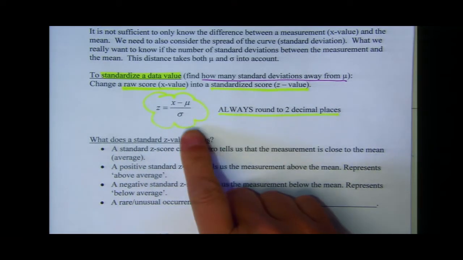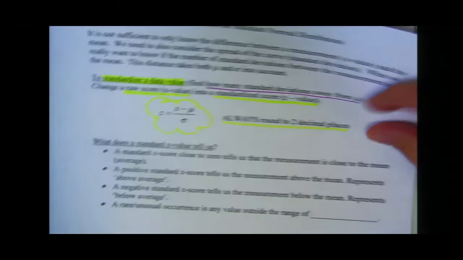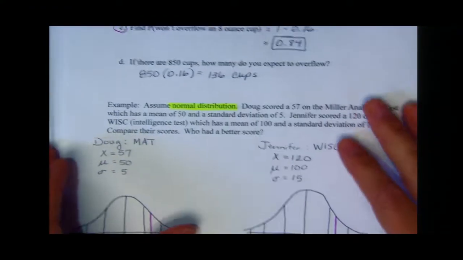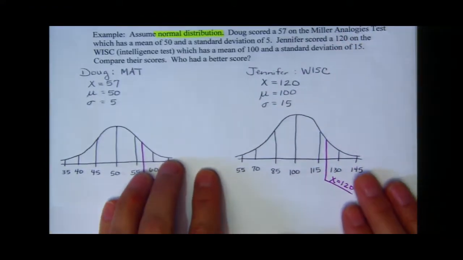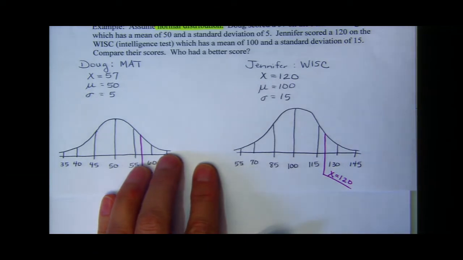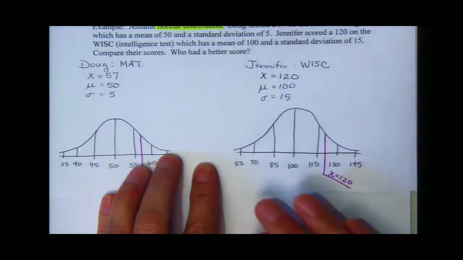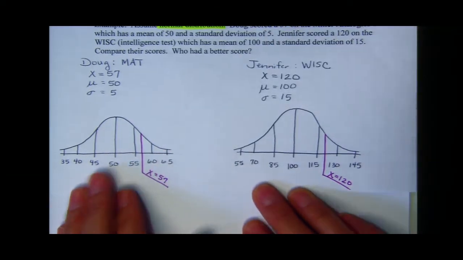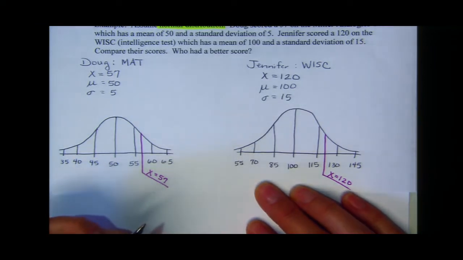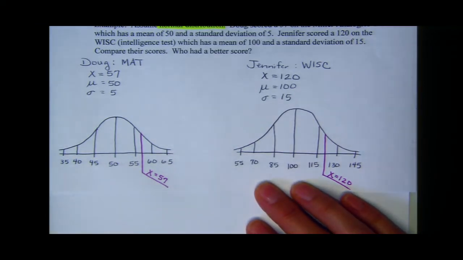So I'm going to take this formula and go back to Doug and Jennifer, and I'm going to standardize their values. I'm going to find out exactly how many standard deviations away from mu they are, so then I can see if I can tell who did better on their test. To standardize the value, we're going to look at Doug first.